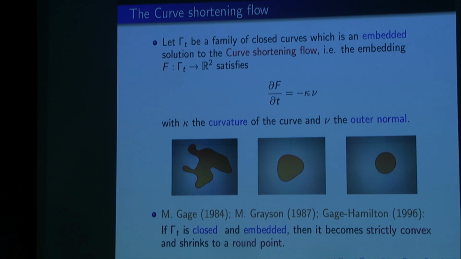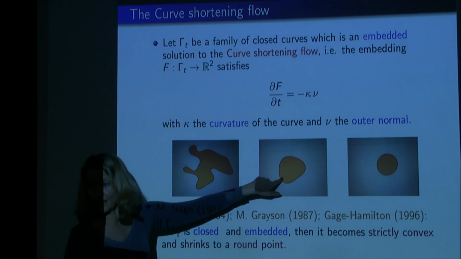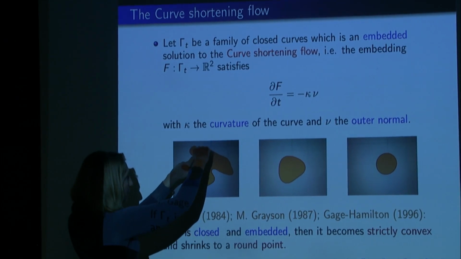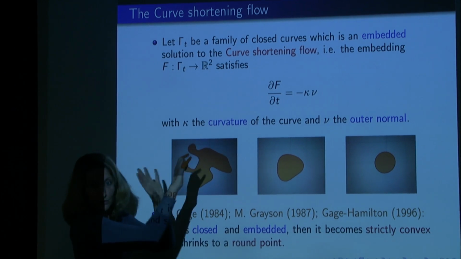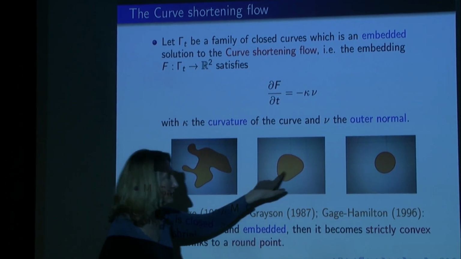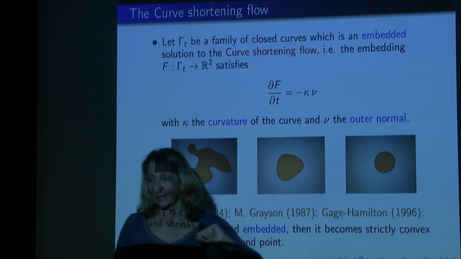Why? Because this will move outward, this will move inward, so eventually you will get convex. It's not an obvious result at all.